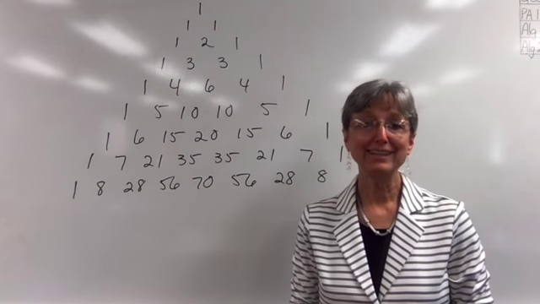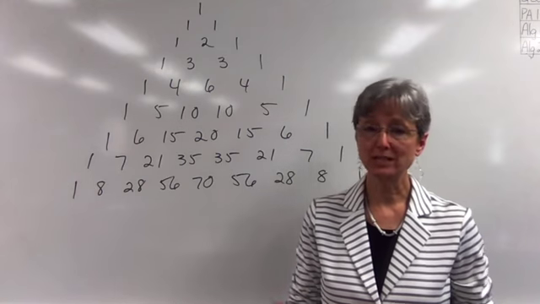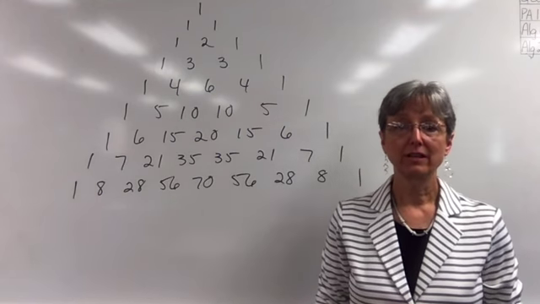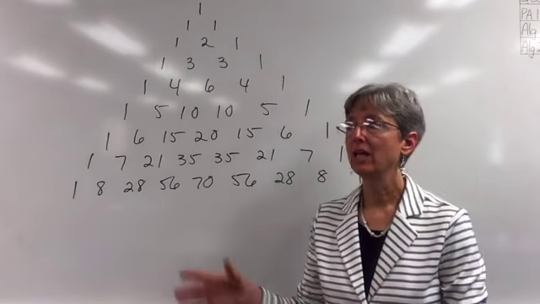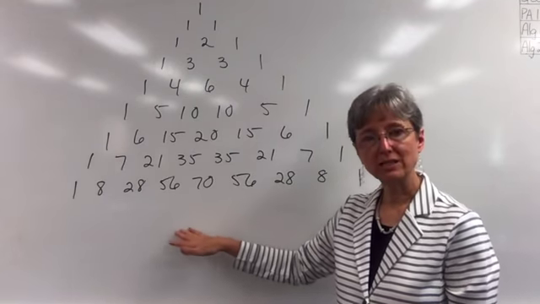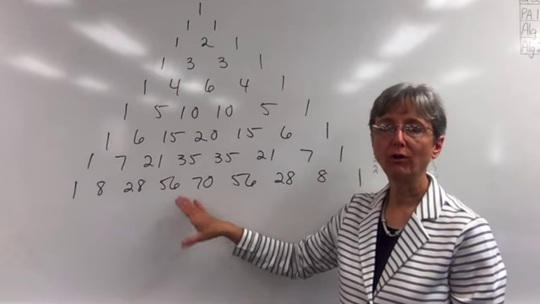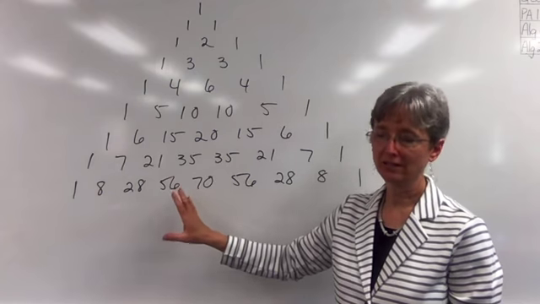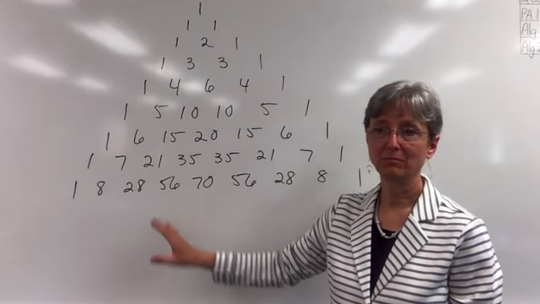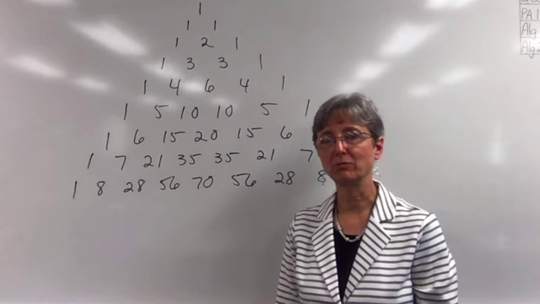Okay, here is Pascal's triangle. Pascal obviously is the mathematician who came up with this type of pattern. If you Googled Pascal's triangle and found all the incredible properties that are embedded in this, it's amazing. It would be maybe an extra credit report or something.